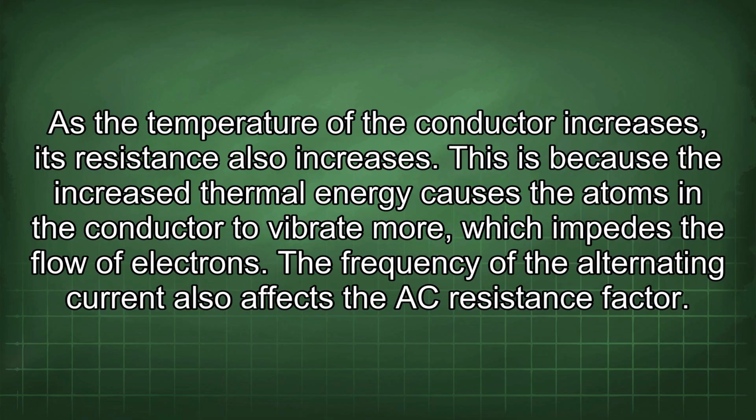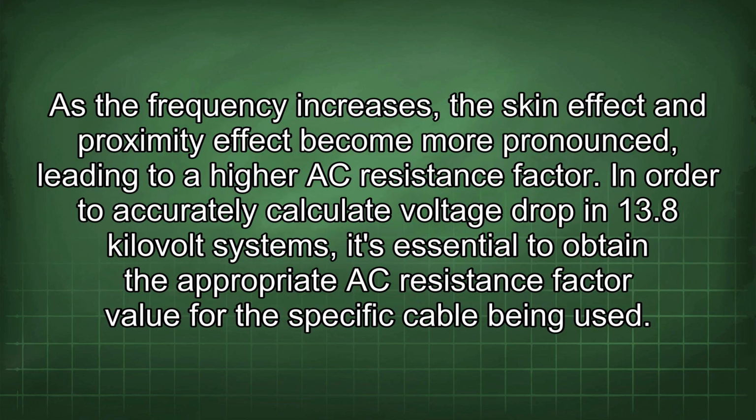This is because the increased thermal energy causes the atoms in the conductor to vibrate more, which impedes the flow of electrons. The frequency of the alternating current also affects the AC resistance factor. As the frequency increases, the skin effect and proximity effect become more pronounced, leading to a higher AC resistance factor.